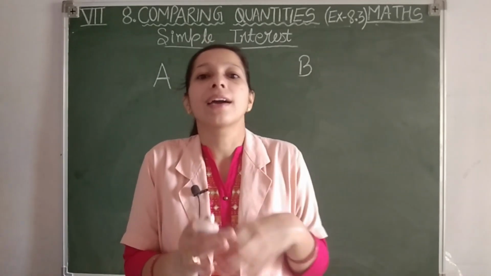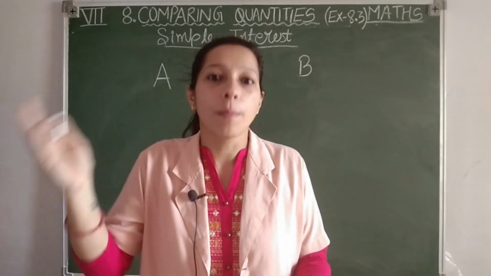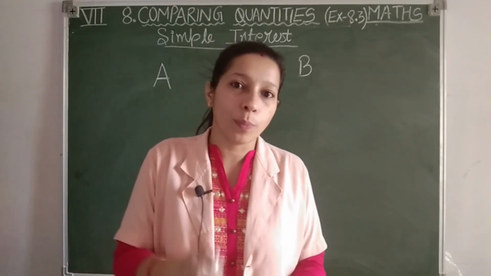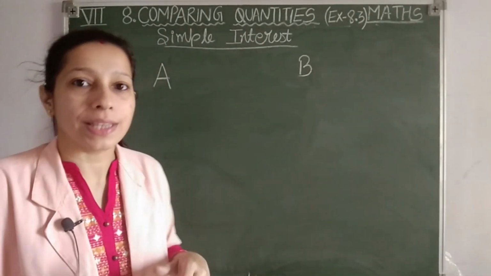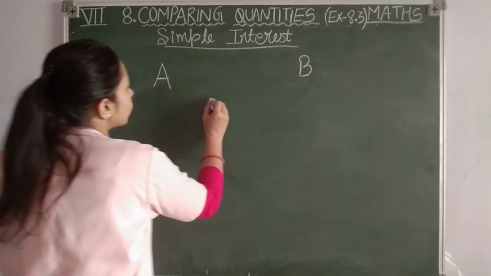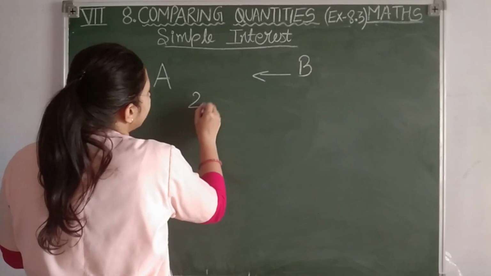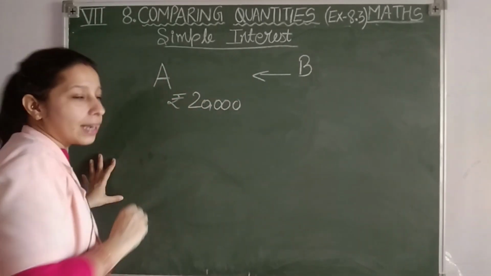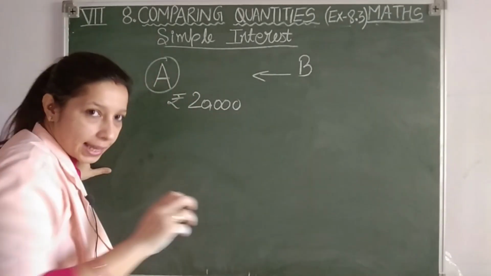Adding some more money, I will be paying you rupees 20,000 plus more amount. So students, that more amount which A will pay to B after 1 year, that extra amount over this 20,000 rupees is known as interest. So students, here B will give 20,000 rupees to A. Then here A is taking the money, right?